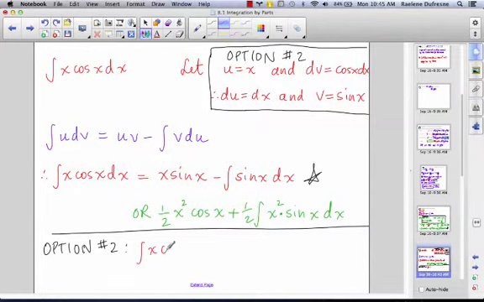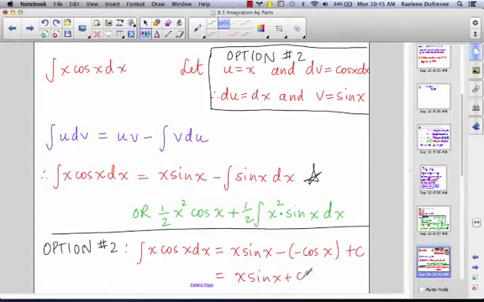The integral of x cosine x dx is equal to x sine x minus, and then the integral of sine x dx is going to be negative cosine x plus c. So the answer is x sine x plus cosine x plus a constant.